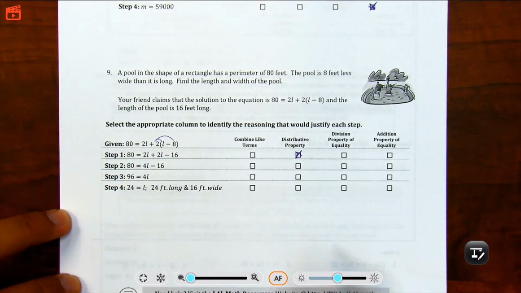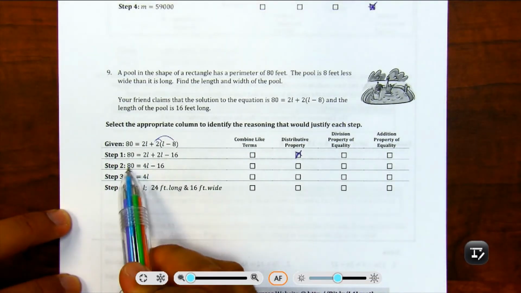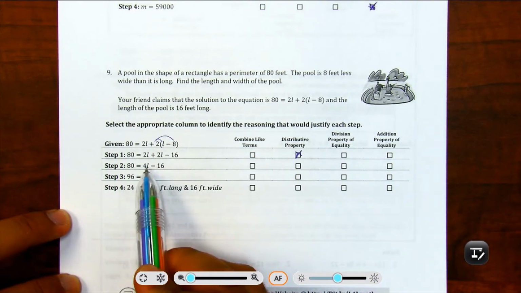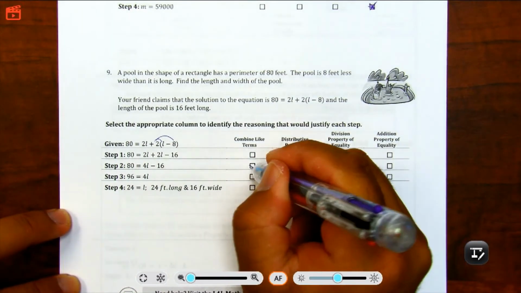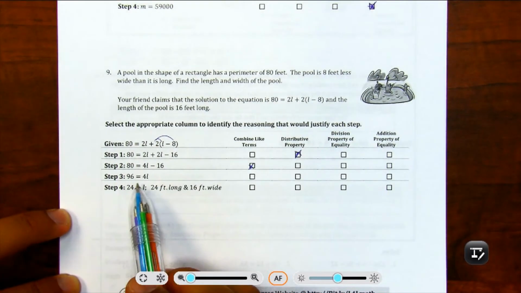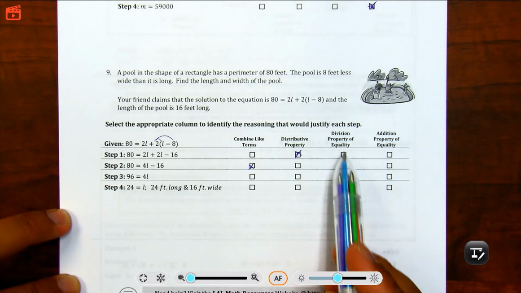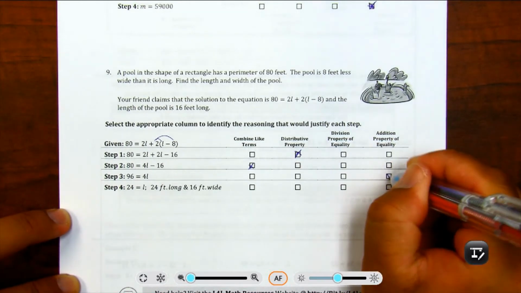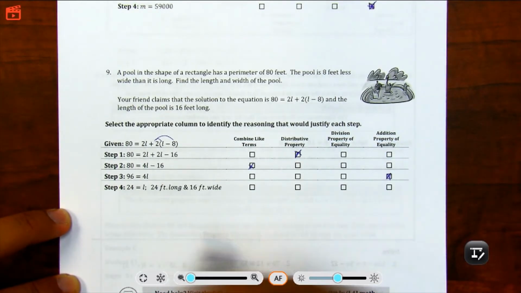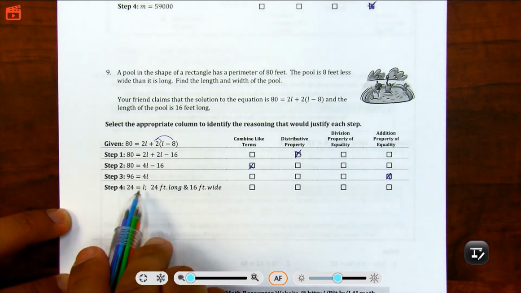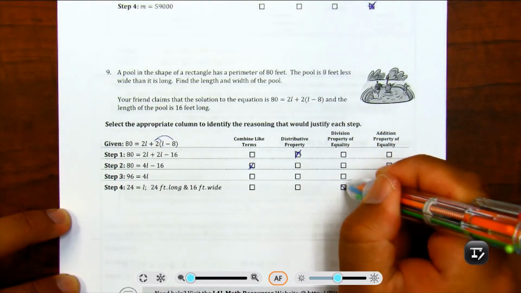And then from step 1 to step 2, 2L plus 2L is 4L, and that is combining like terms. Then moving the negative 16 to the other side, you add 16, and that is addition property. And last part is dividing both sides by 4, so that's the division property.